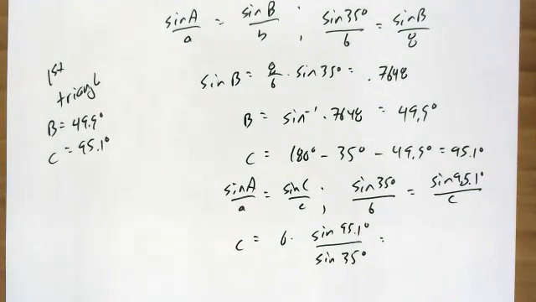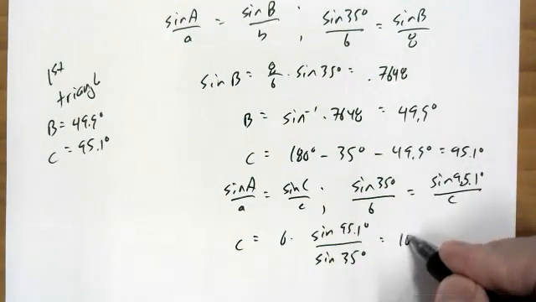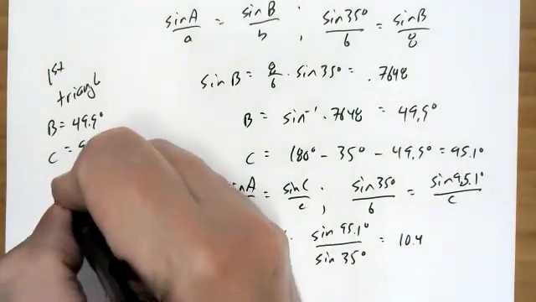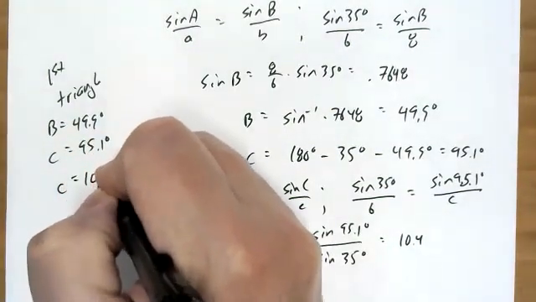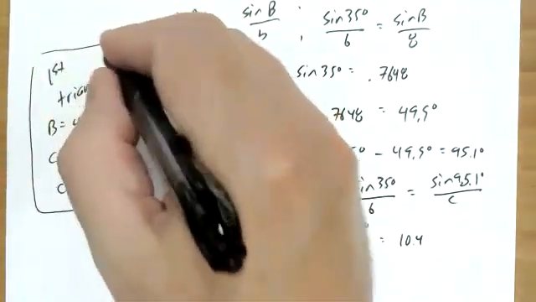So go to my calculator. 10.4 for side C. Now this is the first triangle.